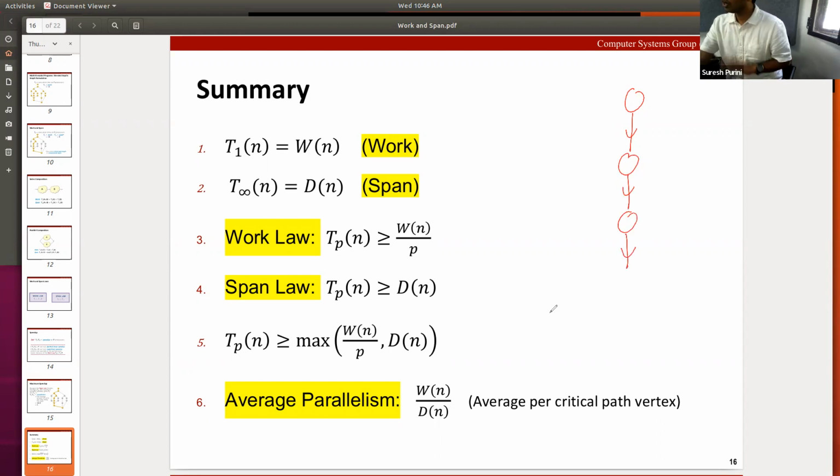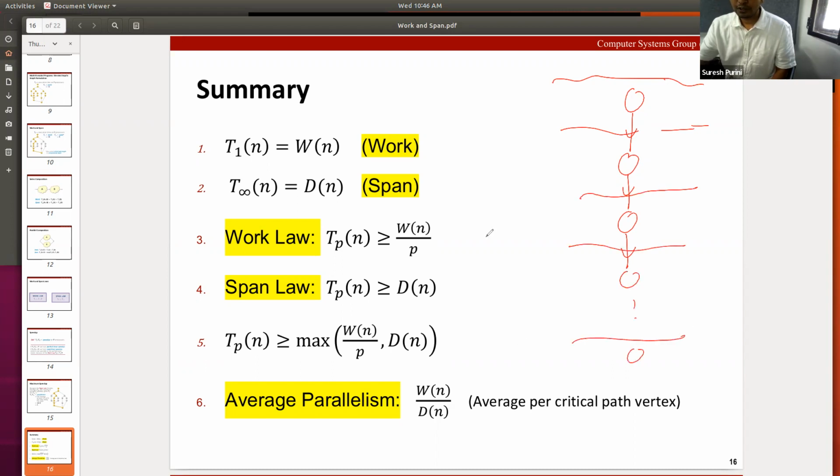We are not going to prove this, but it so turns out that if you divide it into phases, this is phase 1, this is phase 2, this is phase 3, and so on, we can schedule our whole computation up to phase D of n.